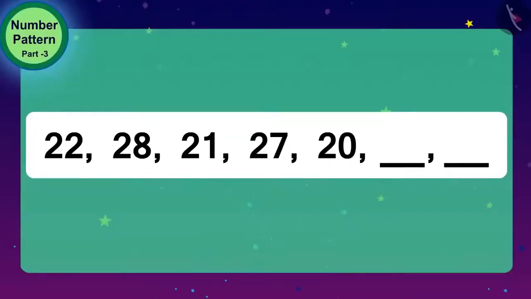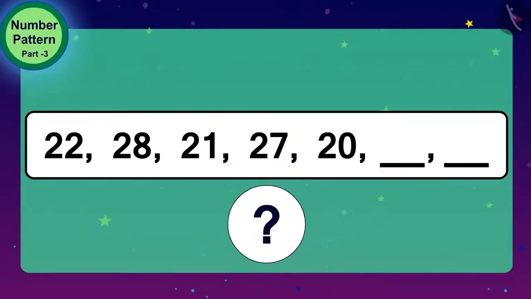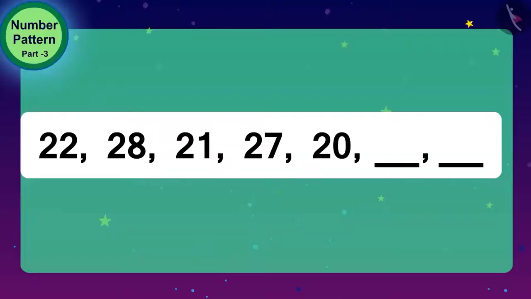Children, do you understand the rule of this number pattern? Let us see what is unique in this number pattern. First, we will look at the first two numbers of this number pattern. How do we get 28 from 22?